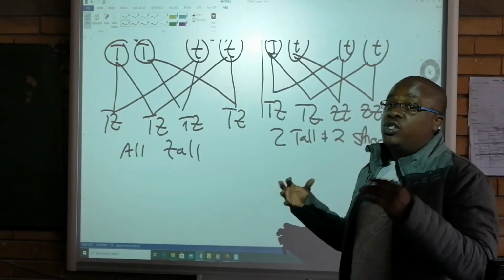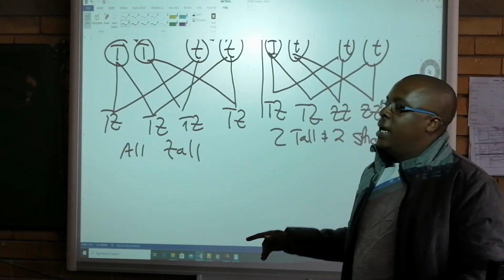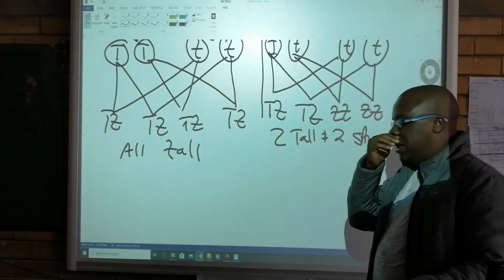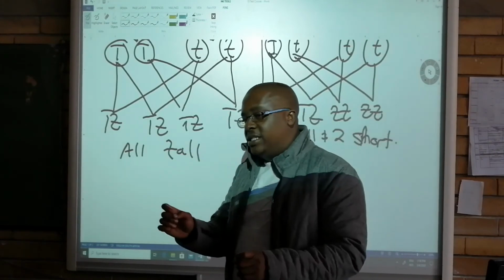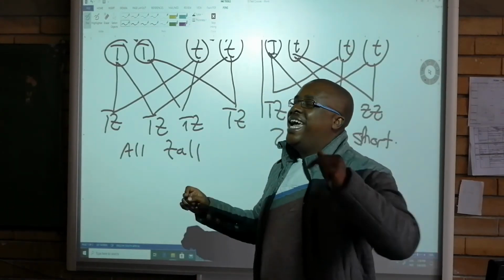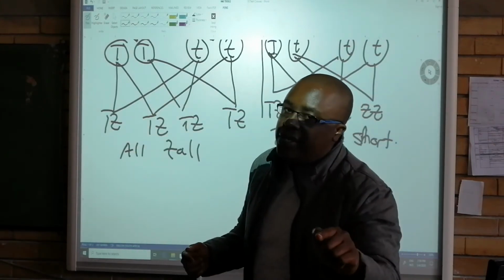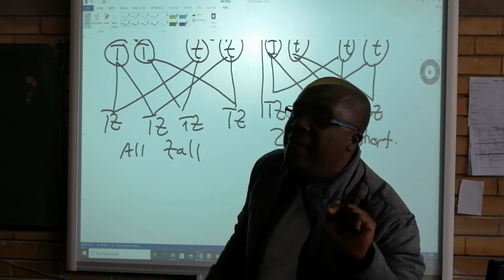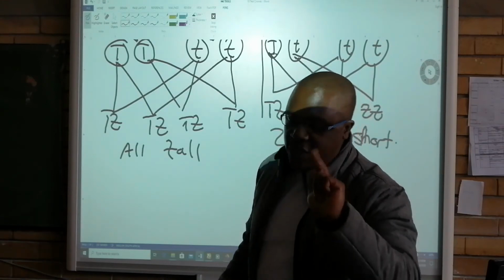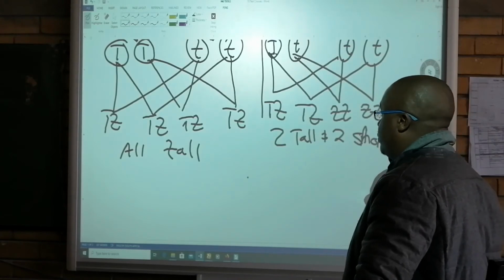We started with a tall pea plant of unknown genotype, by crossing the tall pea plant with a short pea plant of known genotype. By looking at the offspring, we can know the genotype of the unknown parent. For example, look at these two crosses. These are the crosses that we did.